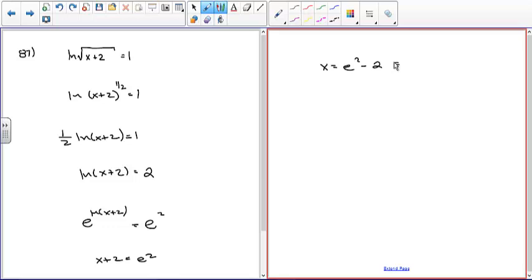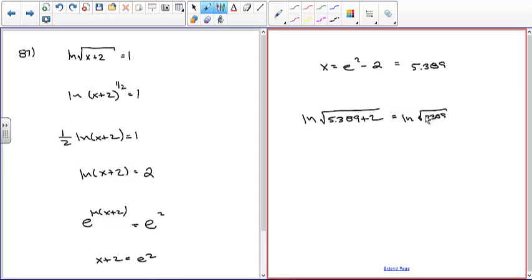So you got e squared minus 2, so that's 5.389. So e squared must be 7.389. So now if we plug that back in, the natural log of the square root of 5.389 plus 2 equals the natural log of the square root of 7.389.